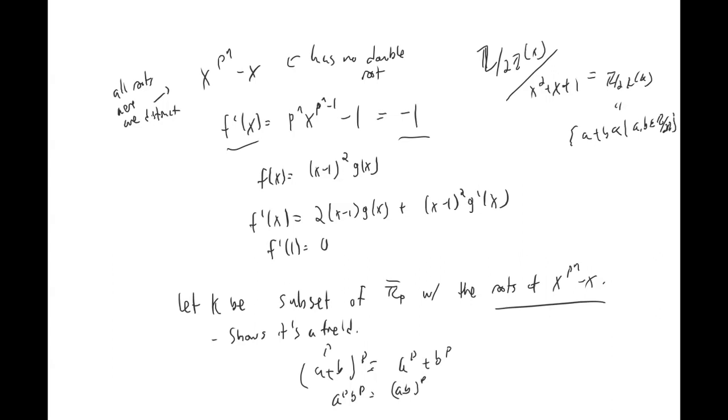There's no way you're going to get alpha just by adding ones, because this is generated by 1 and alpha, not just by 1. And by the way, this is the field of 4 elements, 2 squared, so it's 4.